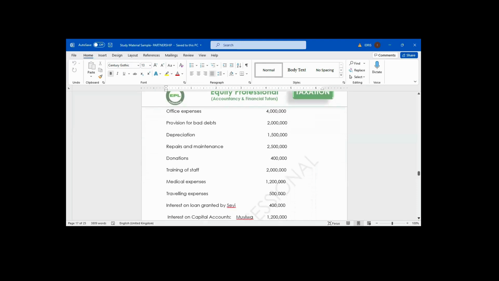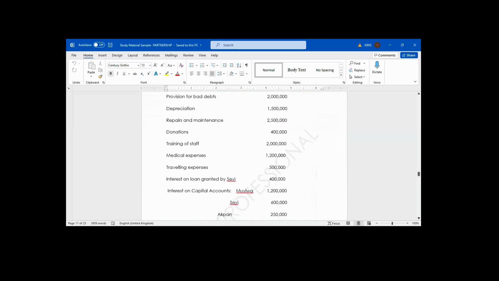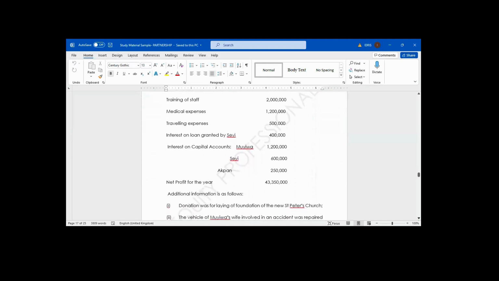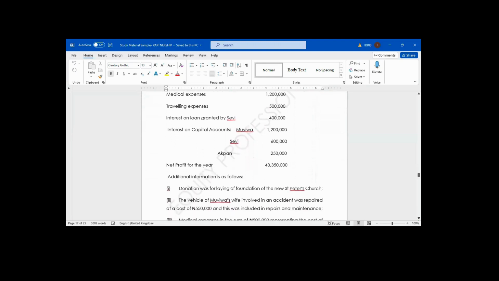Medical expenses 1.2 million. Traveling expenses 500,000. Interest on loan granted by Sheyi 400,000. Interest on capital accounts: Muyiwa 1.2 million, Sheyi 600,000, Akpan 250,000. Net profit for the year 43,350,000.